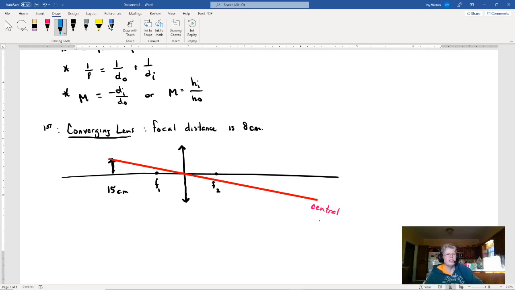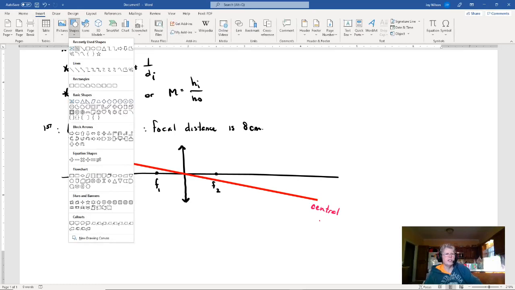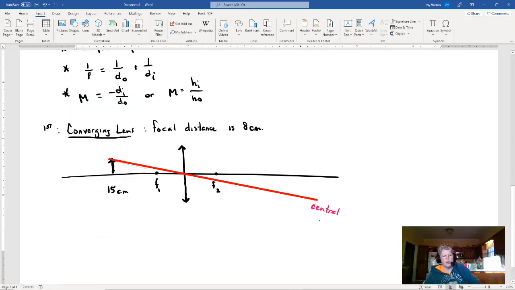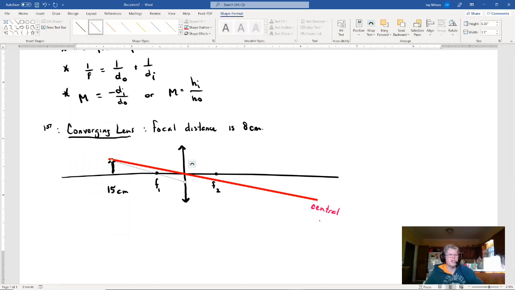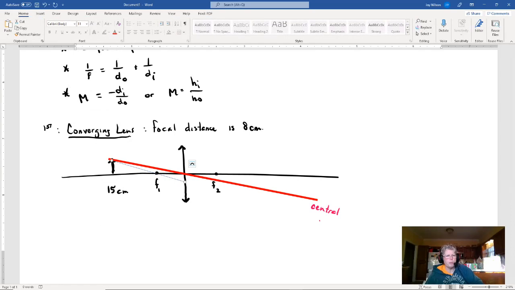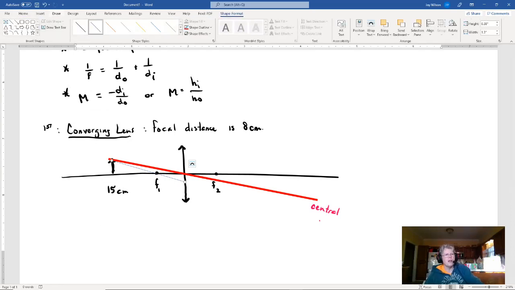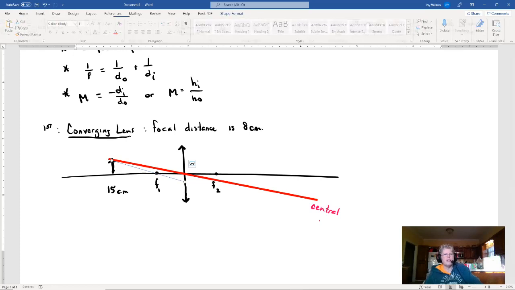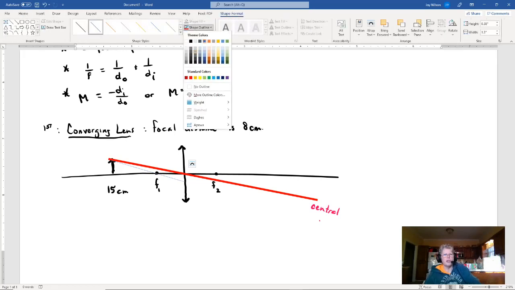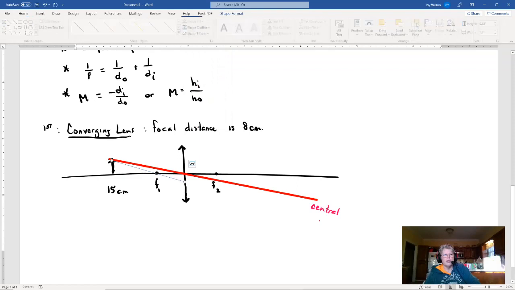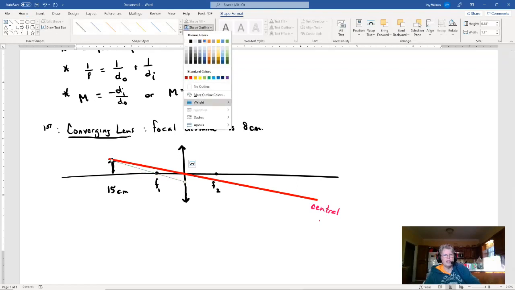Now our focal ray is going to go through the focal point, and notice it's going to go through the near side focal point. It's going to be blue and heavy.